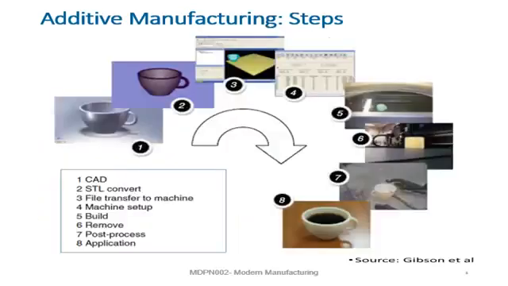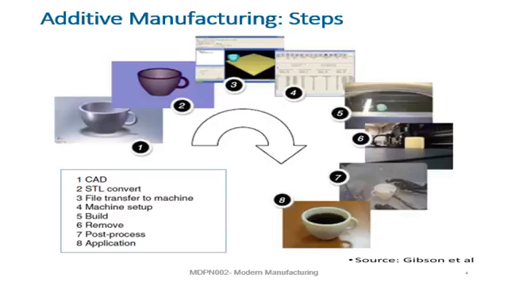Let us summarize the steps. Here we start with the computer-aided design model, for instance, for this part. This is a three-dimensional solid model. The second step is converting that three-dimensional computer model into a standard tessellation language file that can be understood by the additive manufacturing machine.